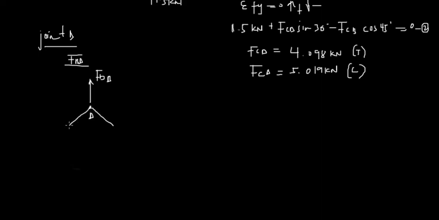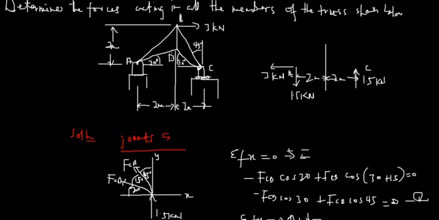We are taking reference at the x-axis, so we have 30 degrees and 30 degrees. And then these will be forces: this will be FDA, and this will be FDC.